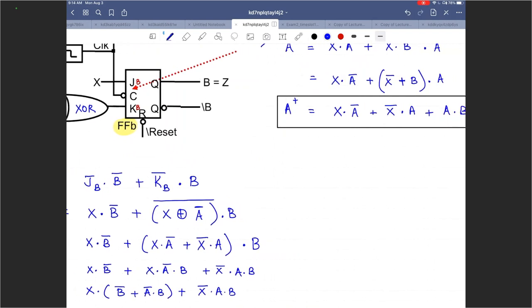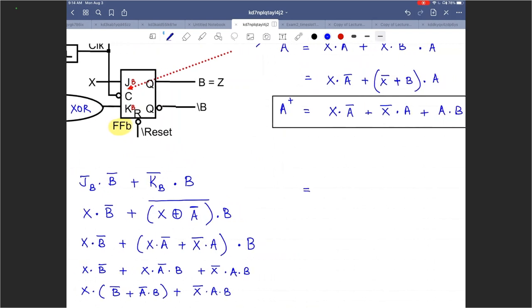Continue here. X, and that will be B complement or A complement using Boolean algebra properties. So I get X, B complement, X, A complement, X complement, A, B. What can I do here?